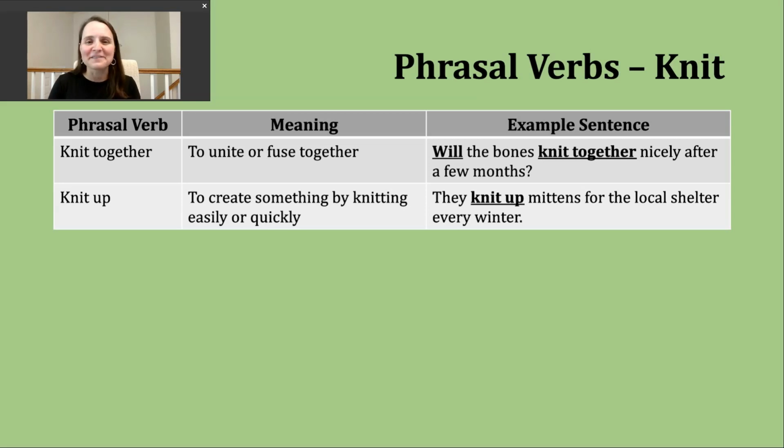So an example of this might be, they knit up mittens for the local shelter every winter. Some people who are very good, very quick, can quickly create things like mittens, and there are various groups that get together to make sure people have warm items, particularly if you're in a colder climate.